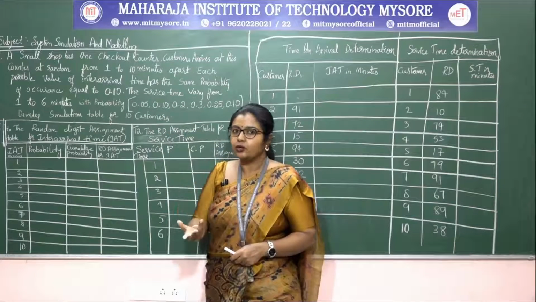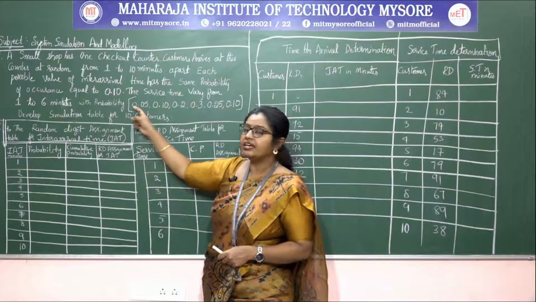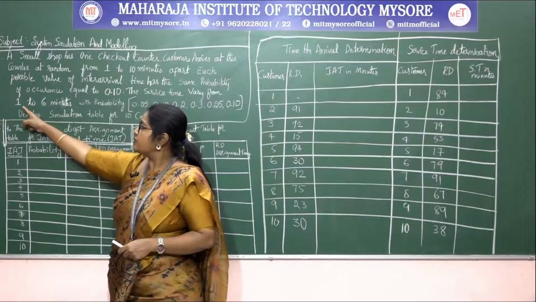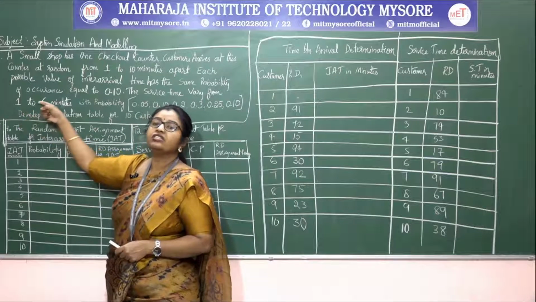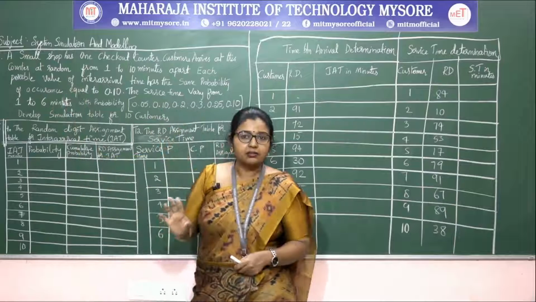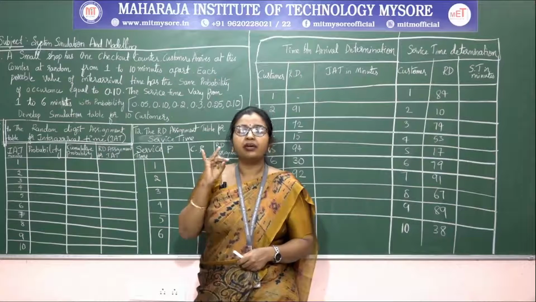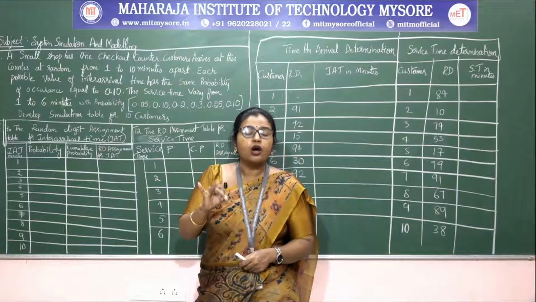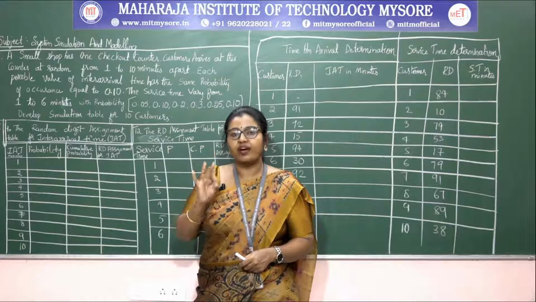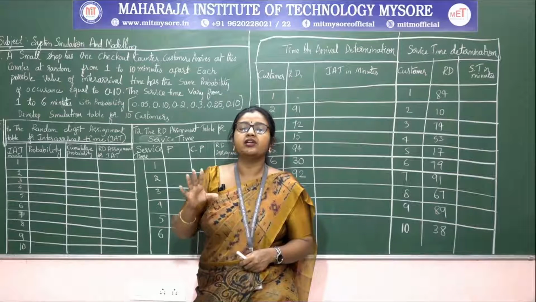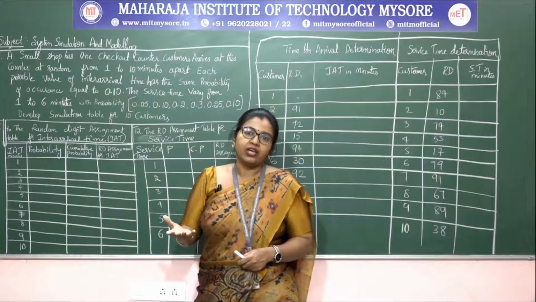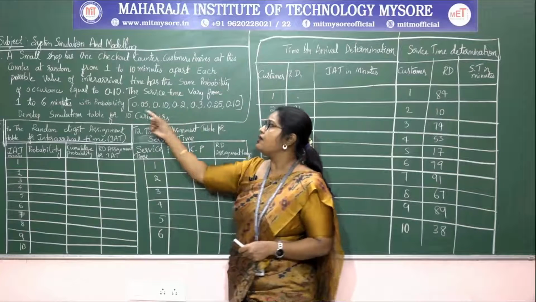For that they have given the probability. The customer may take the service from 1 to 6 minutes. They can take the service for 1 minute, or 2 minutes, 3 minutes, 5 minutes or 6 minutes also. That is the probability they have given.